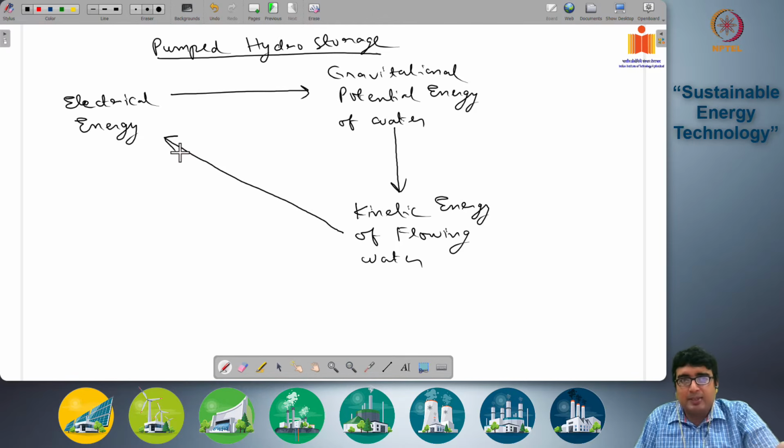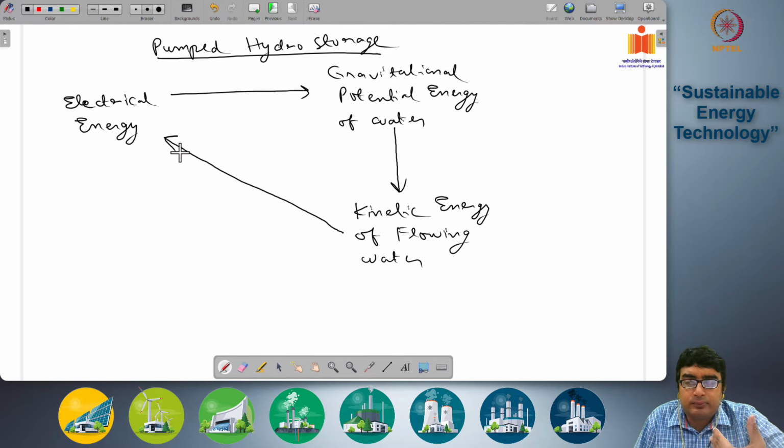So as we have discussed before, electricity is used to run a pump which is used to push water up into a high altitude reservoir. So the electrical energy is converted into the gravitational potential energy of this water at high altitudes.